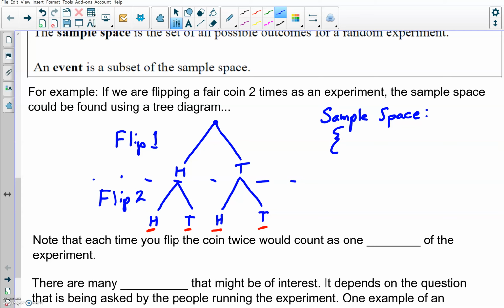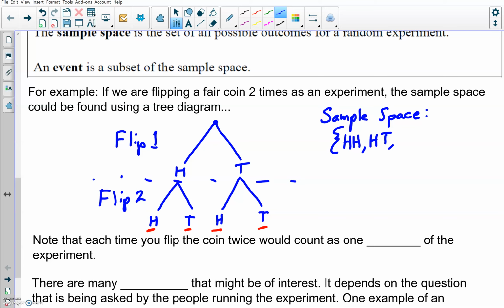So coming down the first branch, on the left here, we'd have heads, then heads. So HH, 2 heads in a row, could be one outcome for this particular experiment. And then we'll go down to heads, then tails. So HT, you get heads first, tails second.